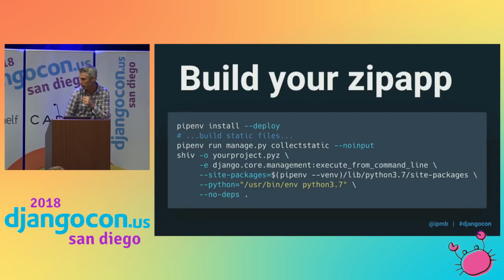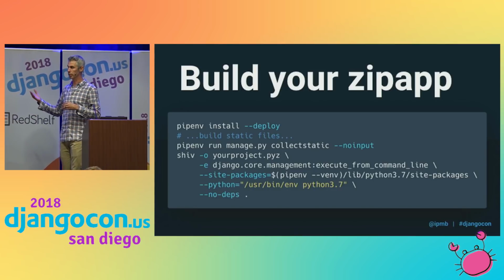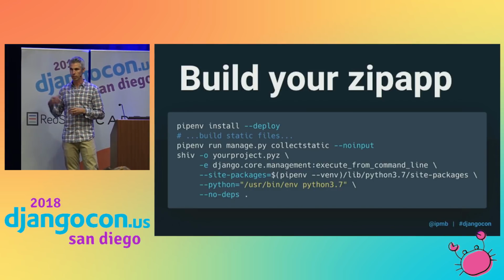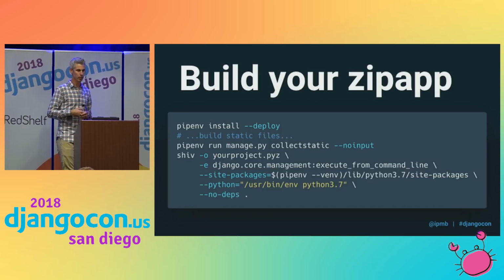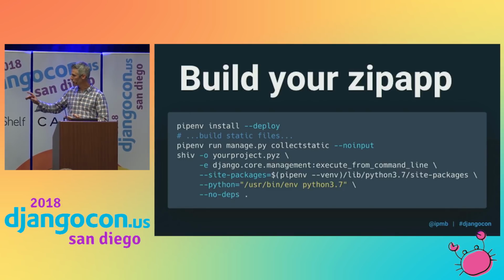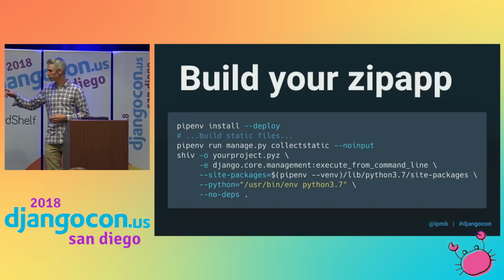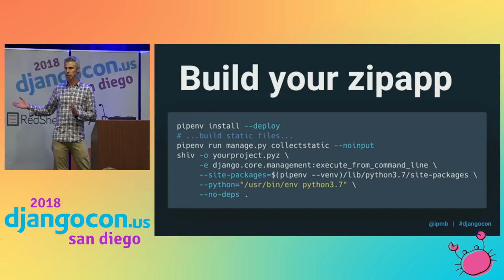I can also use this. Shiv accepts most of the arguments that pip does. So you can also pip install projects, or pip install apps, and they'll end up in your final zipapp. Next is Python. So I can say, if this gets executed just by itself, pick up this Python.